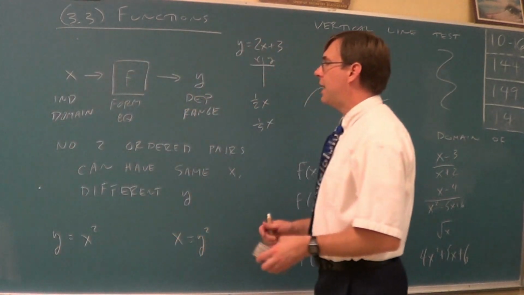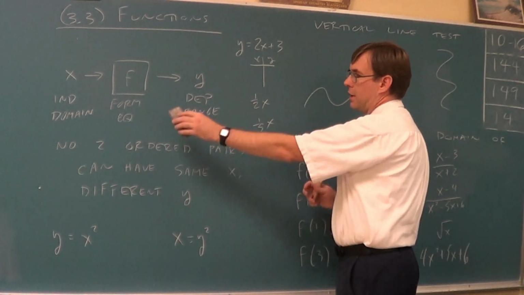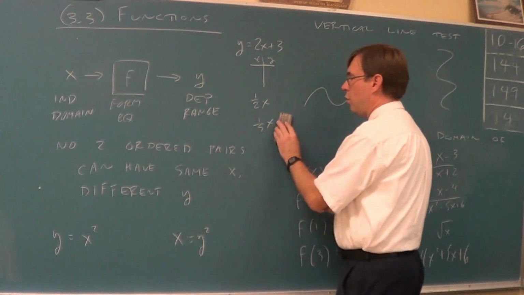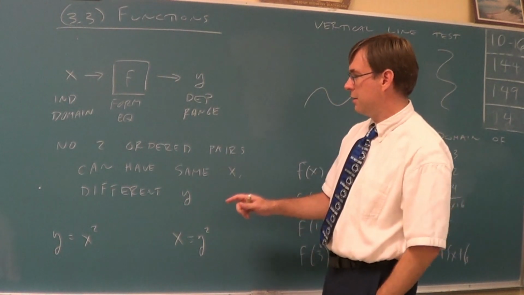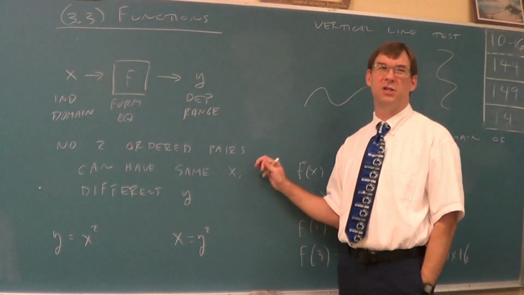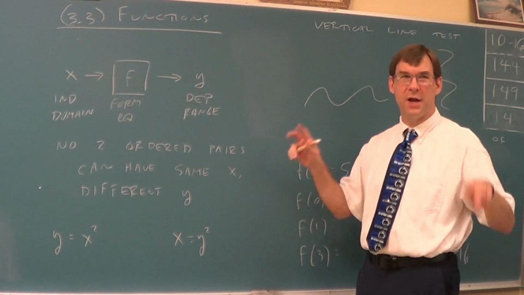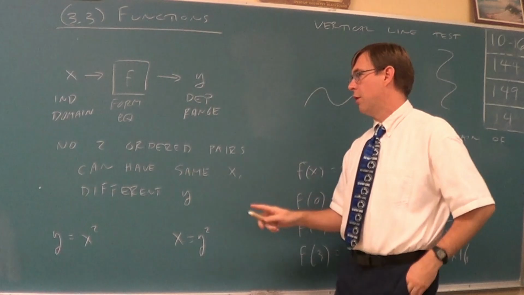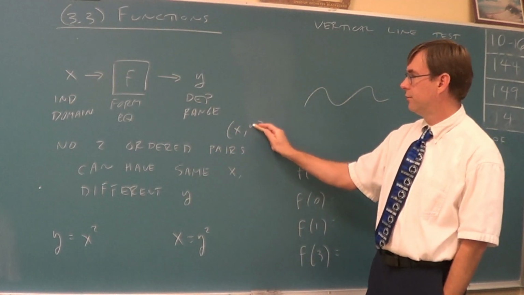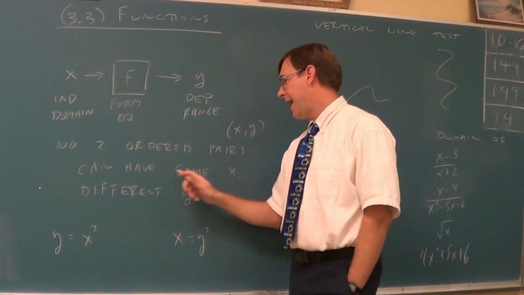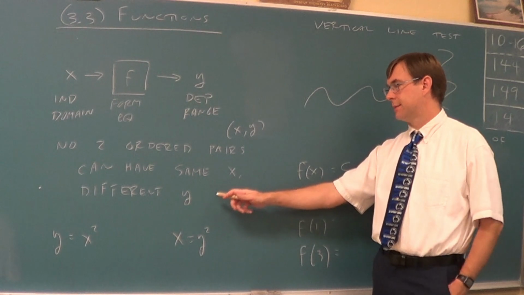So to be classified as officially a function, it has to be a formula, an equation that follows a rule if it's going to earn that title. The first homework questions will ask basically, do these equations, do these formulas, earn the title of function? So here's the rule. No two ordered pairs are allowed to have the same x but have different y's.